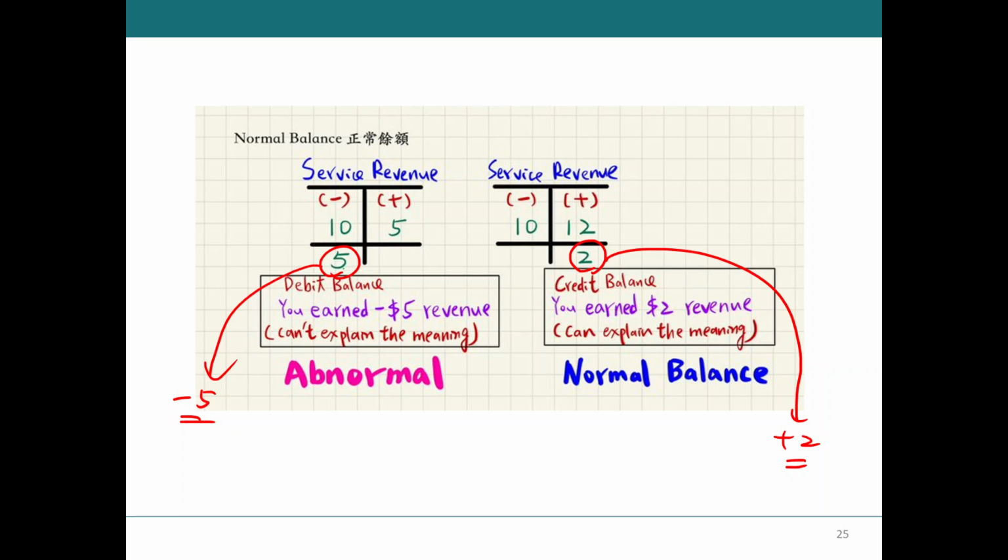So what's your revenue? Zero, because you don't work. After the whole year, I got nothing. Otherwise, I worked, so the total revenue I earned is $2. So $2 means I earned $2 for the whole year.